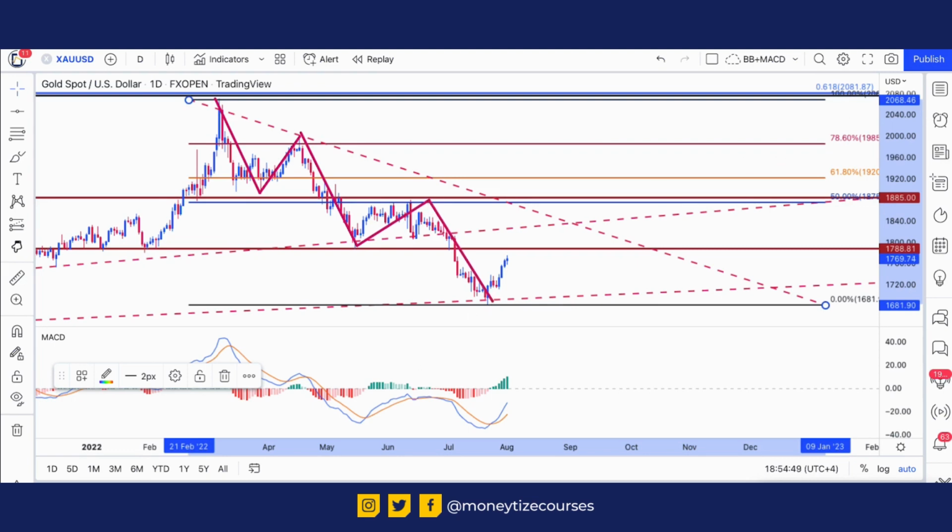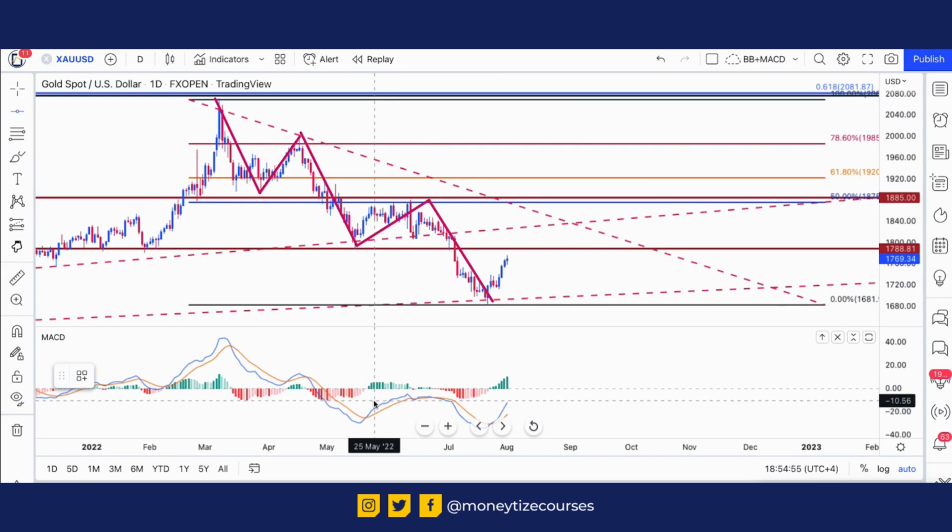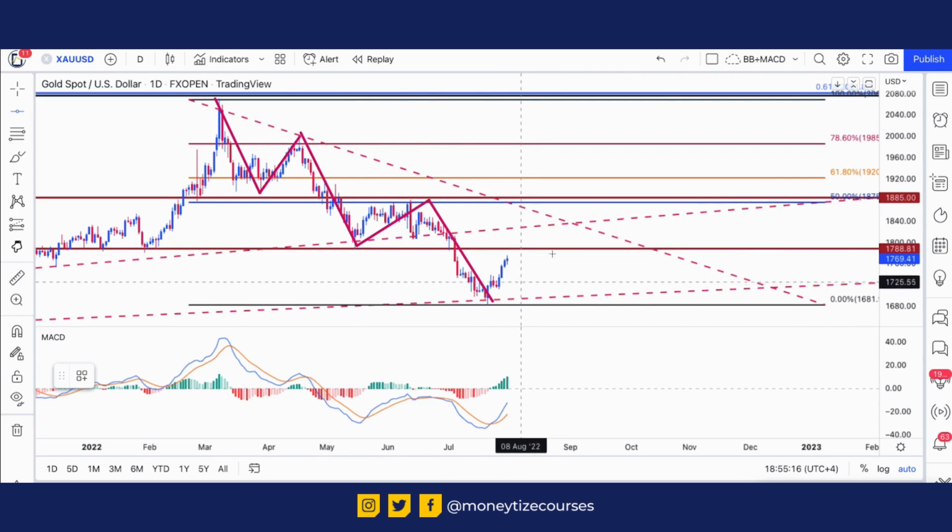If you check it through a horizontal line, the histogram on the second part is not as low as it was here. So it's basically a kind of bullish divergence, but the bullish divergence is not formed on the MACD lines, it's only on MACD histograms. So because of this bullish divergence, we have bullish pressure right now.